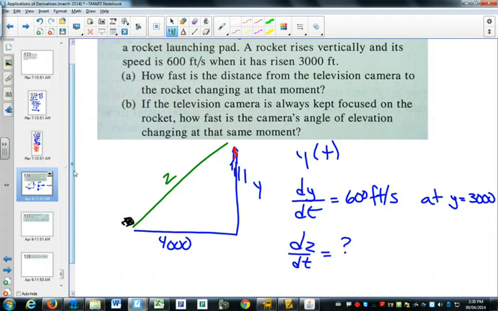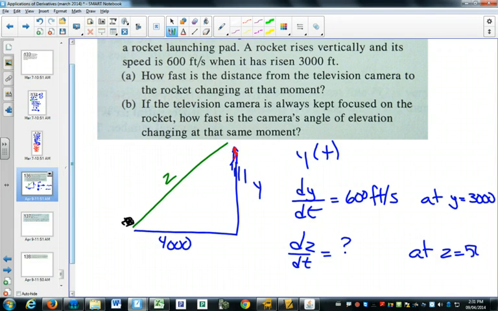So how do we set up our equation for this one? First of all, at 3,000 for y, 3,000 squared plus 4,000 squared equals z squared. z will be 5,000.